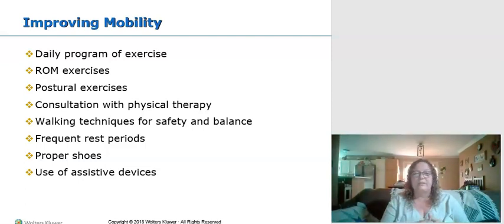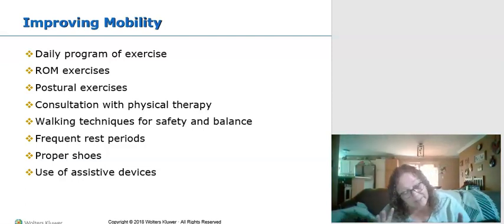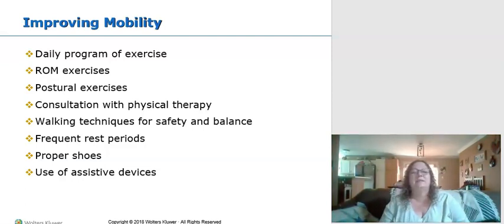When we're doing these, we want to avoid extreme fatigue. Want to make sure that they have proper footwear. Again, as a high falls risk, we want to make sure that we're not adding to that. You know, if they were a big heel wearer, that's probably out of the question now. And then use of assistive devices.